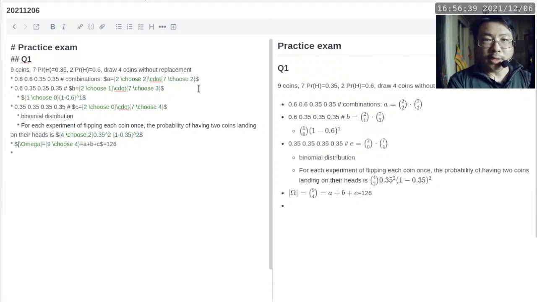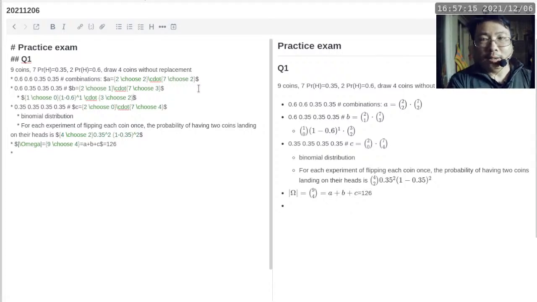So we first have that component, and then the second component is coming from the 3 coins that have a chance of 0.35 of landing on the head. But this time, we know both heads are contributed by two of those 3 coins. So first we have to do the counting. This is binomial distribution again. So this time we have 3 choose 2, because of the 3 coins that have a 0.35 probability of landing on the head, 2 of them did.